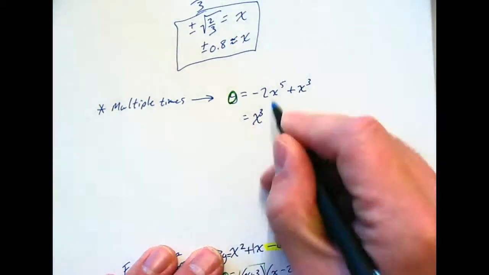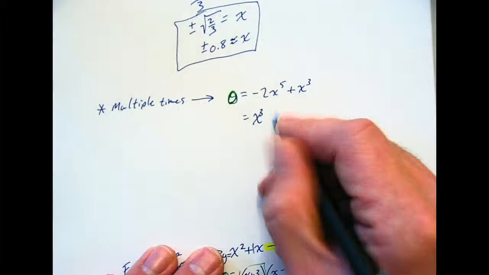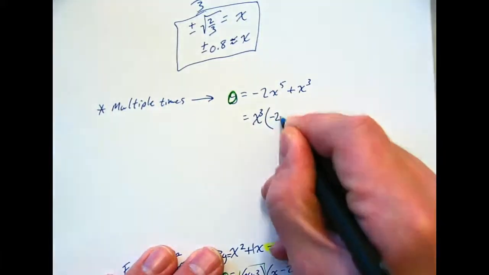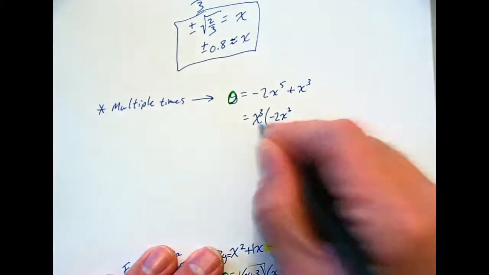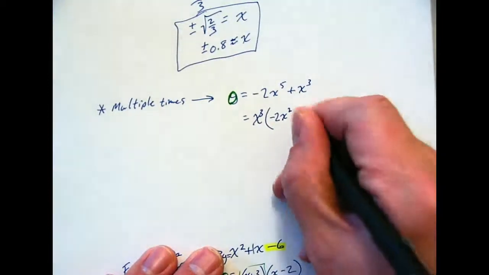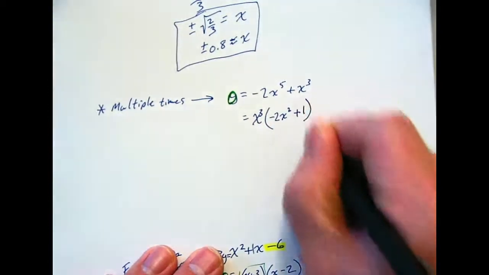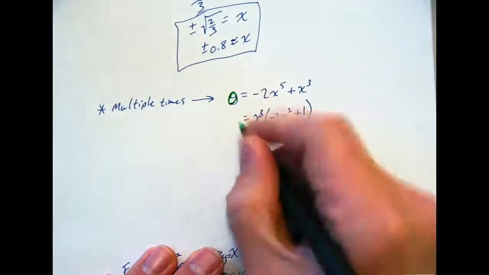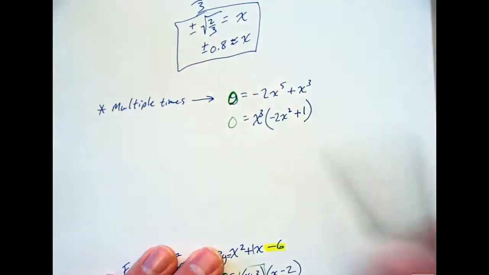X to the third times what is negative 2x to the fifth? Negative 2x squared. And x to the third times what is x to the third? 1. And that's key to put that 1 there. Okay, so now those two things multiply together to make 0.